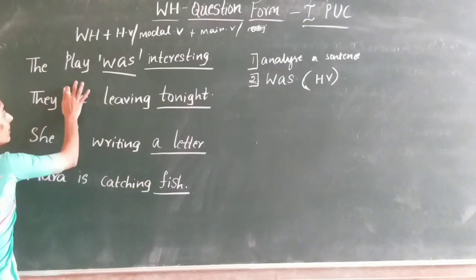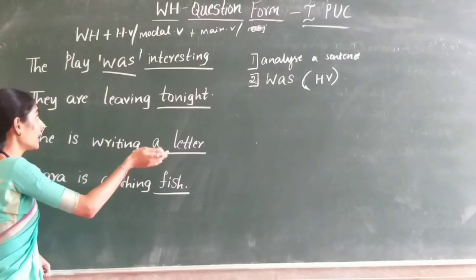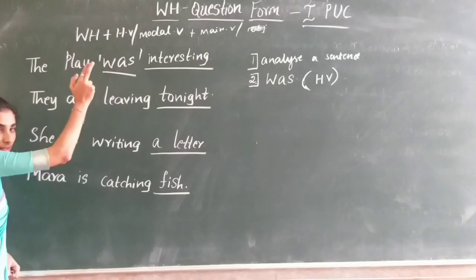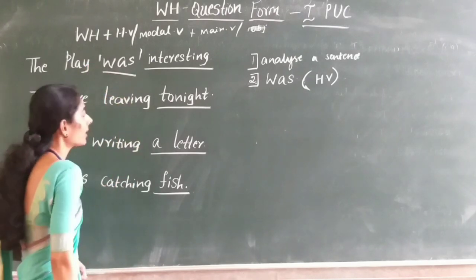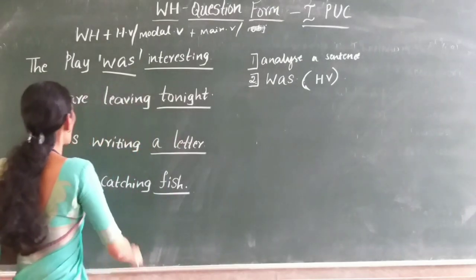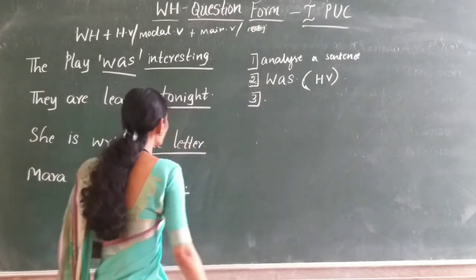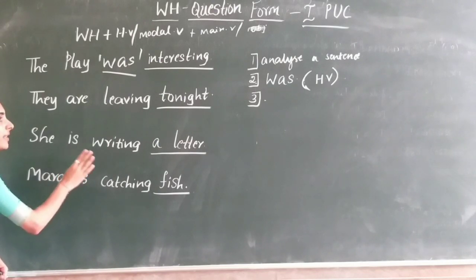As I said, the first thing that you have to do is analyze the sentence and then identify a helping or modal verb in it. Yes, we have a helping verb here, an auxiliary verb, that is was. And now the next one, the third point, identify the tense. If there is a helping verb, then it becomes easy for you.